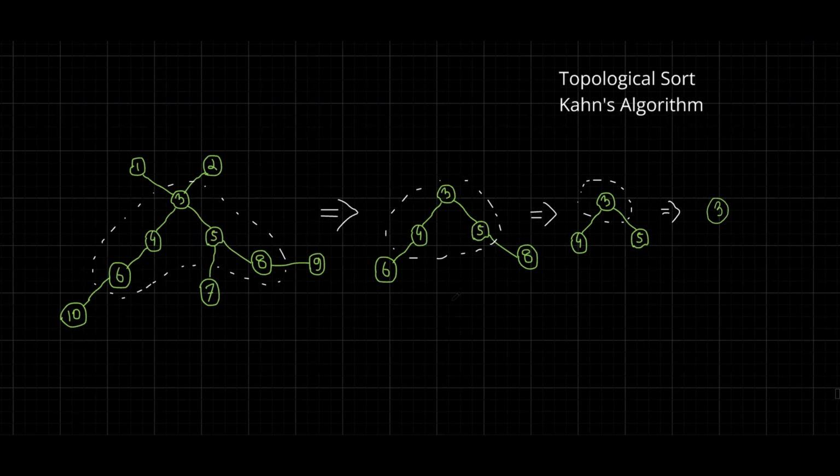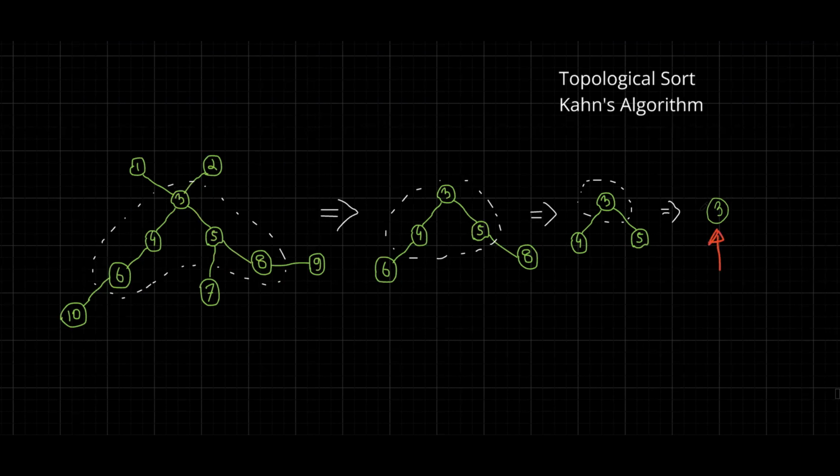Now here, the nodes 6 and 8 have in degree 1, so we will remove them and the tree will look something like this. Now, these two nodes 4 and 5 have in degree 1 and the tree will look something like this. Now, this is the final iteration.